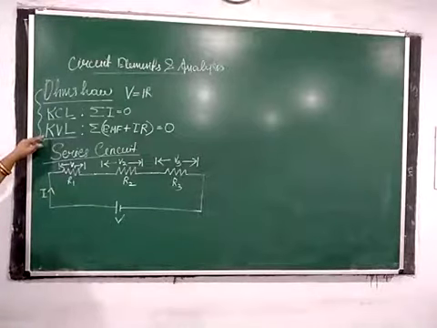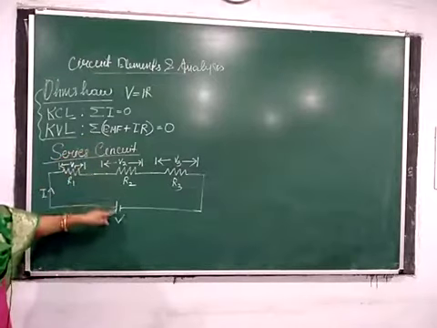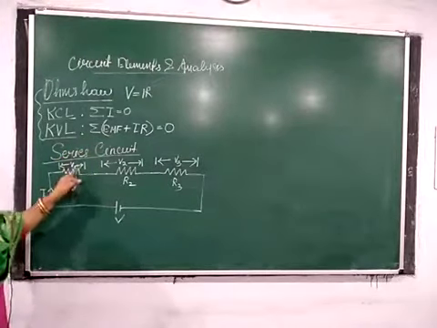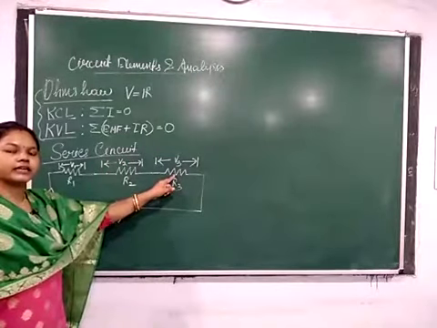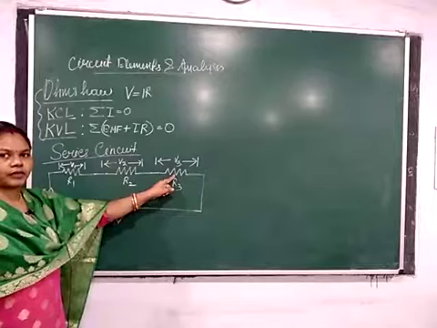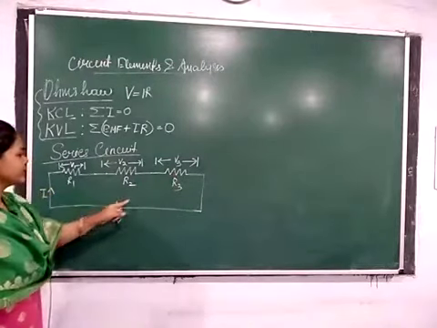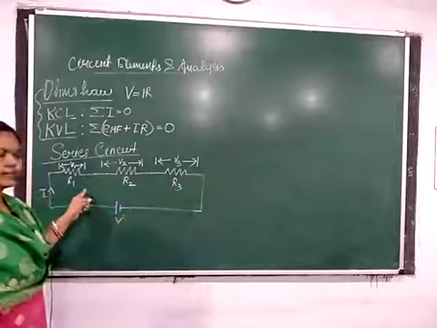According to KVL, the algebraic sum of EMF and voltage drops across the different elements in a closed path is equal to 0. So first we write the KVL equation for this circuit.